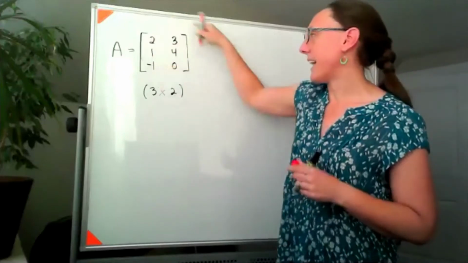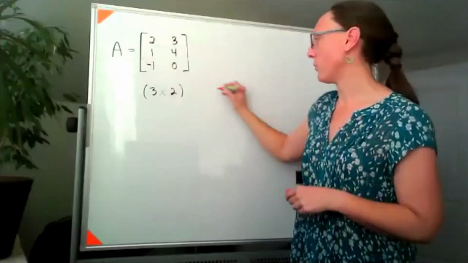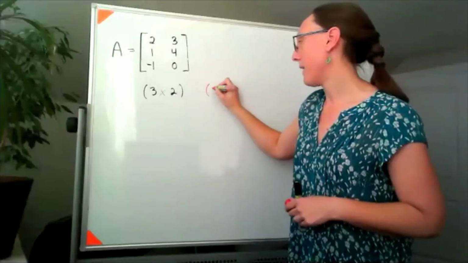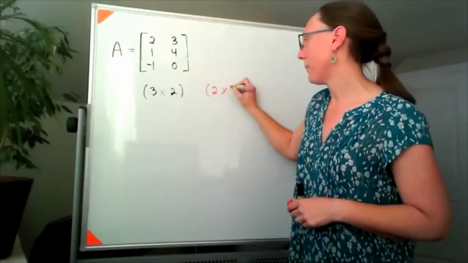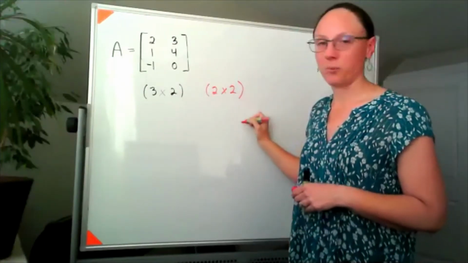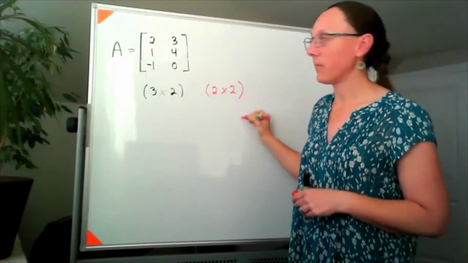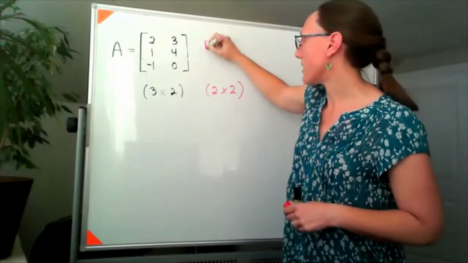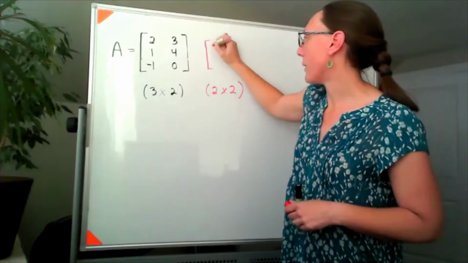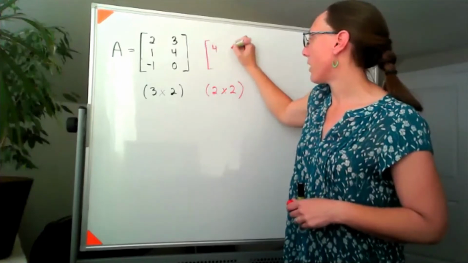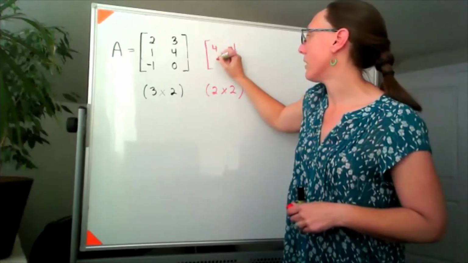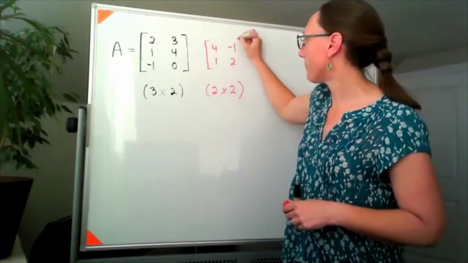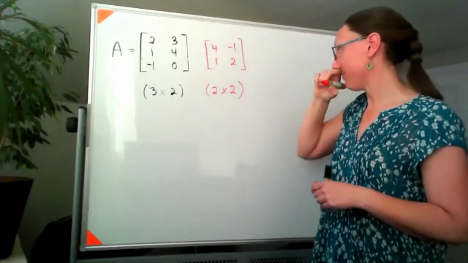So I can take that 3 by 2 matrix and multiply it by a 2 by 2 matrix. And I'm going to make up a 2 by 2 matrix here. Let's go 4, -1, 1, 2. Sure, why not?